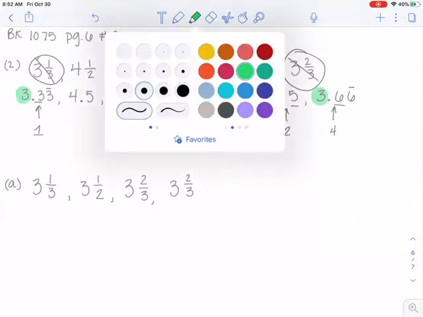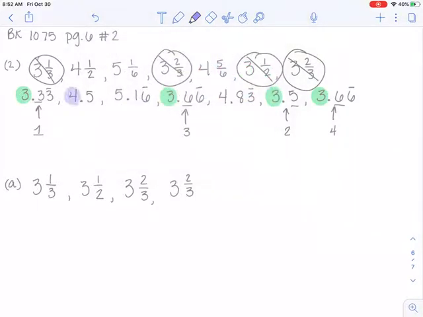Now I'm going to look at my 4s. So I have a 4.5 and a 4.83 repeating. The smallest one is going to be 4.5. That will be my fifth term. I'll write that down as 4 and 1/2. That's taken care of. Then after that, I've got 4.83, which is my sixth term.